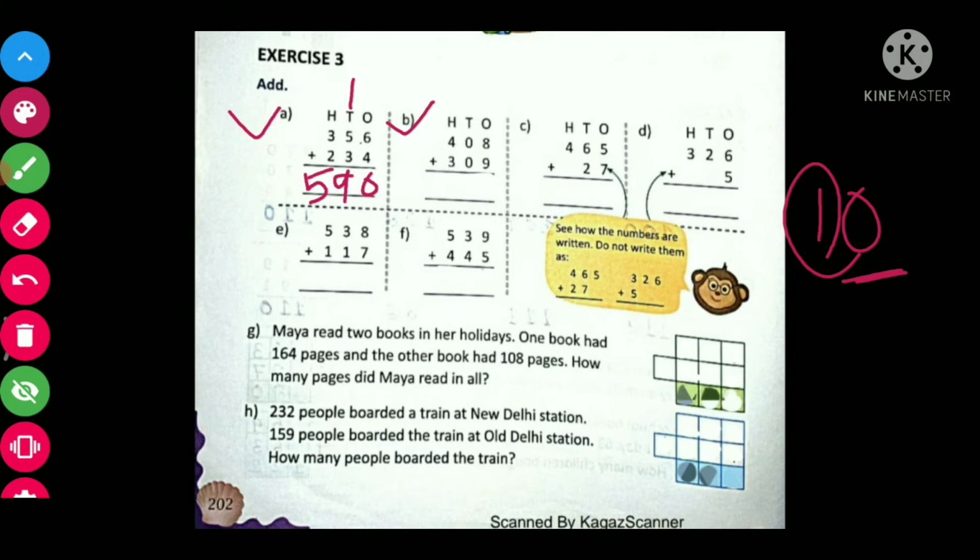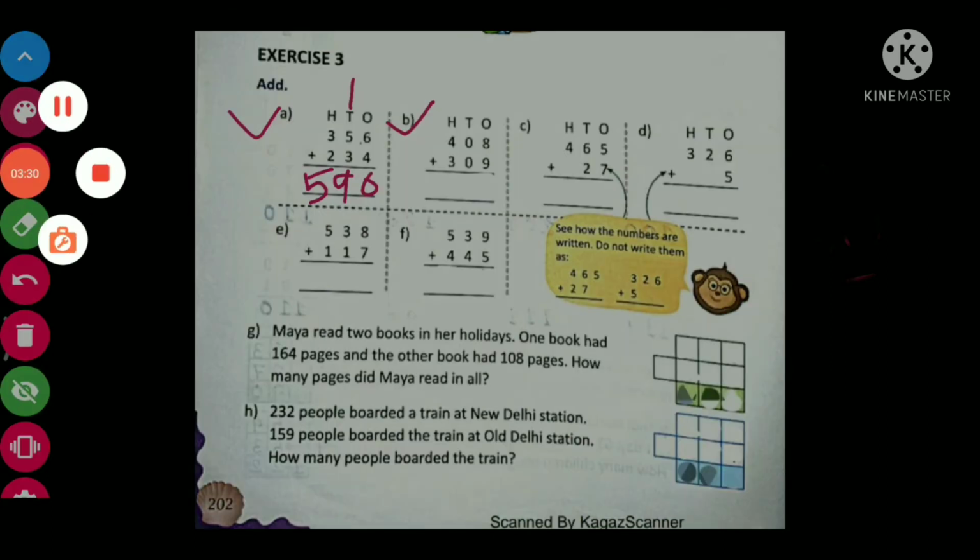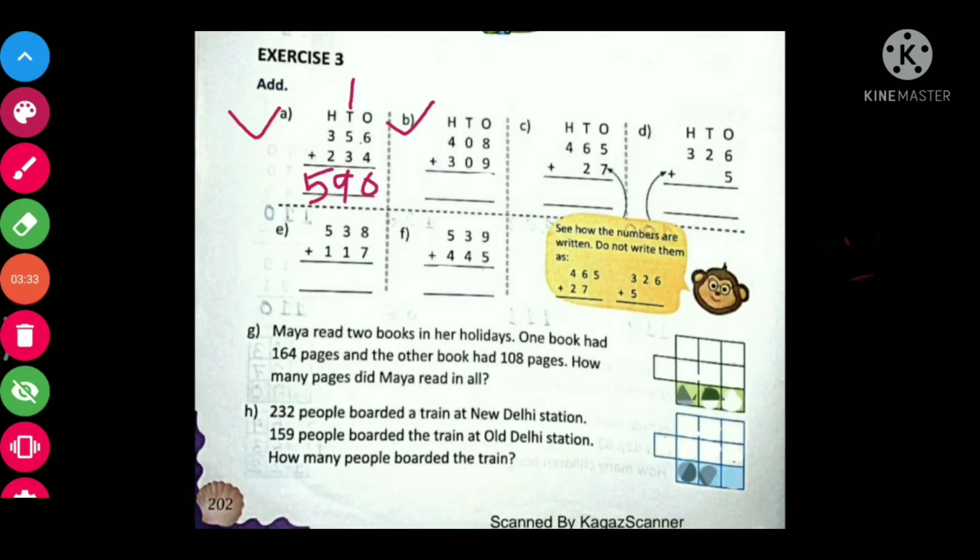Now see B part. So we'll start adding from the ones place value. So 8 plus 9, it will be how much? 8 plus 9, it will be 17, right? So we'll write this 7 here and we'll give this 1 to the tens place.